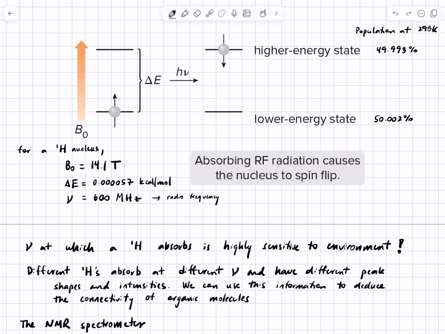For the most part, at the beginning, we're going to be doing this just for protons. But even though we're just looking at protons, the information we get from the spectrum will basically tell us most of what we need to know for the carbon-hydrogen and carbon-carbon bond connectivity for an organic molecule. So this is a really, really powerful technique.